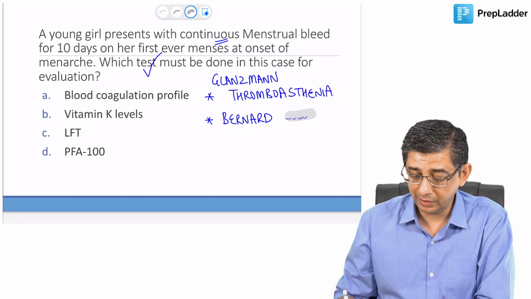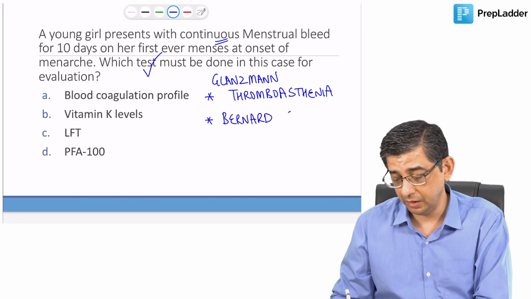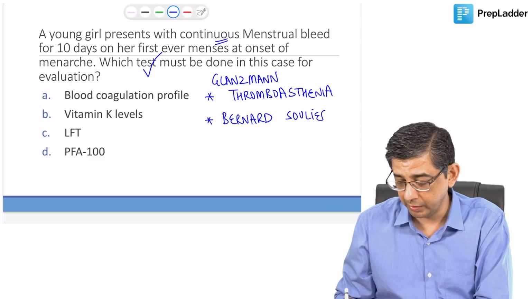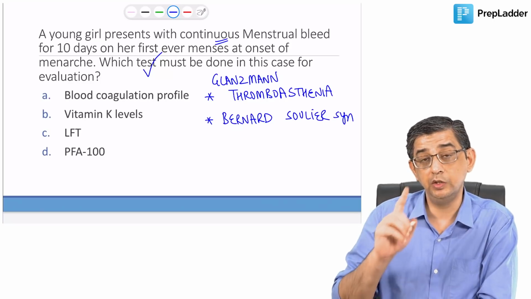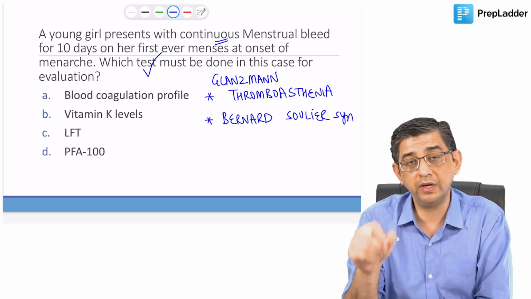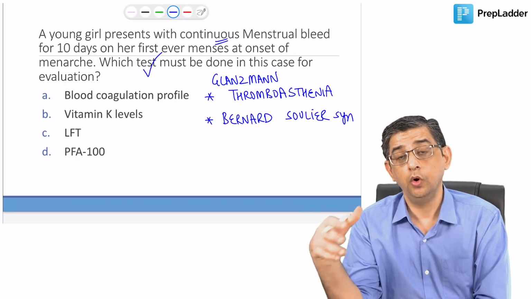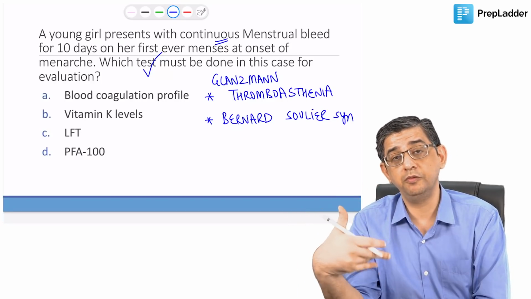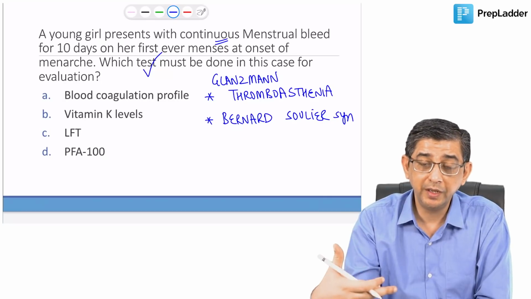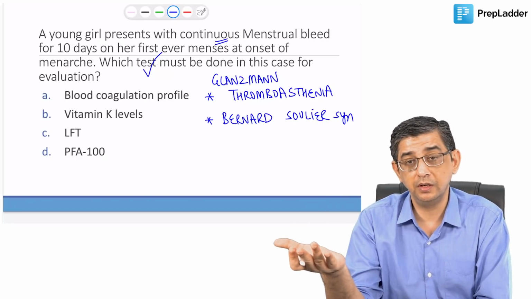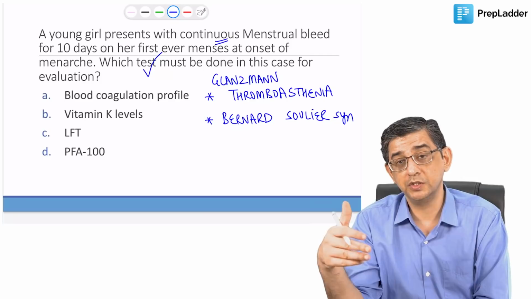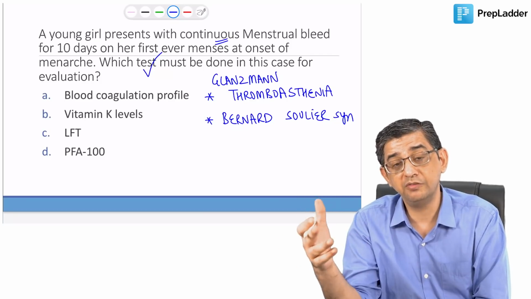If you listen to the discussion of either the pathologist or mine in the hematology section, I have described that both of these conditions will either present after excessive bleeding after any kind of minor or major surgery, or for that matter could be in the form of menorrhagia or excessive bleeding at the time of onset of the menstrual cycle. So the test that we do for this is the platelet function assay, PFA-100.